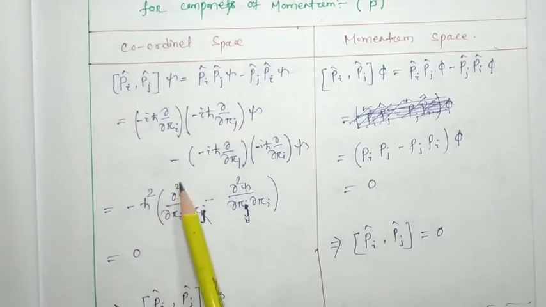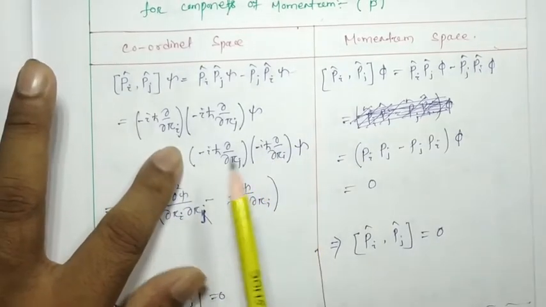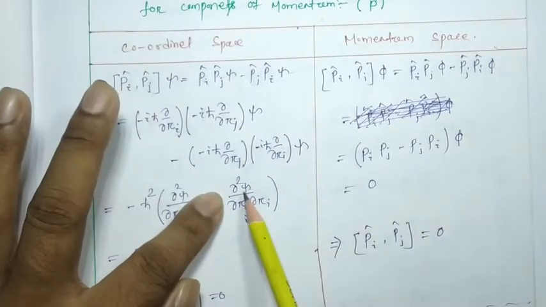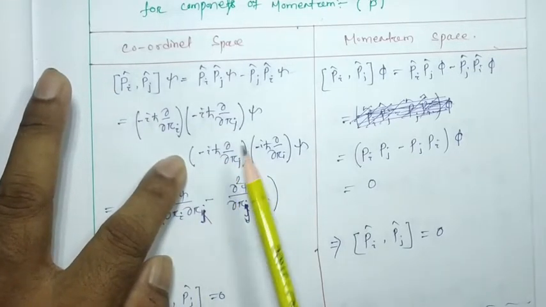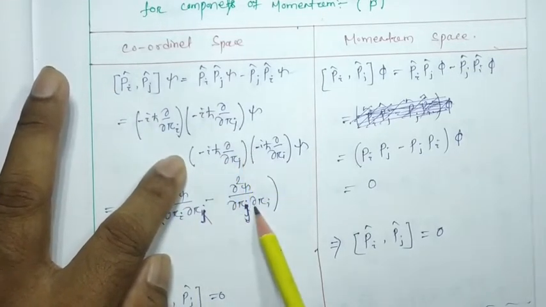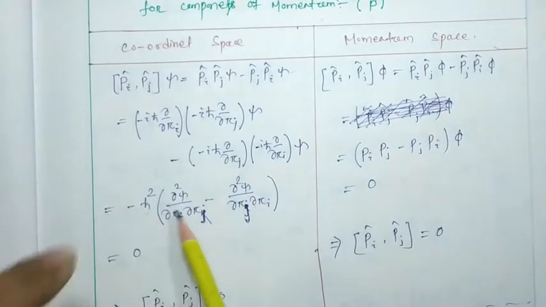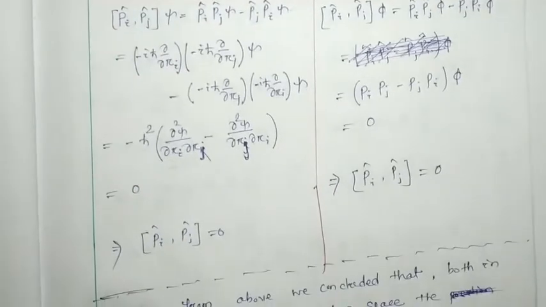it is minus h cross square del square psi by del ri del rj, and this other term is also minus h cross square del square psi by del rj del ri. If I take the common minus h cross square, the value in the bracket will be this much minus this much, but this value is equal to this value, so we get 0. That means [pi, pj] will be equal to 0.